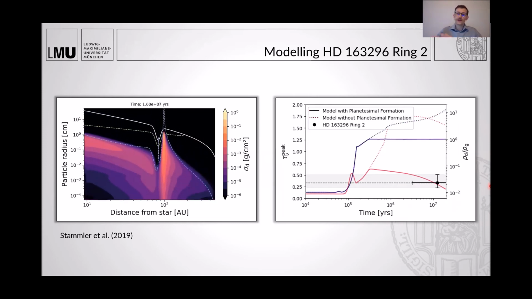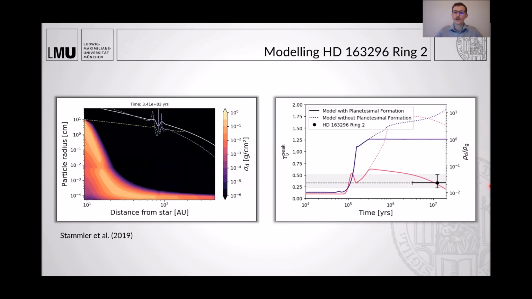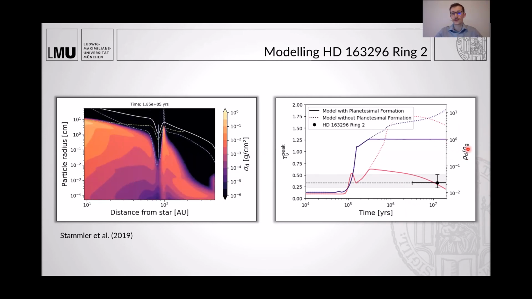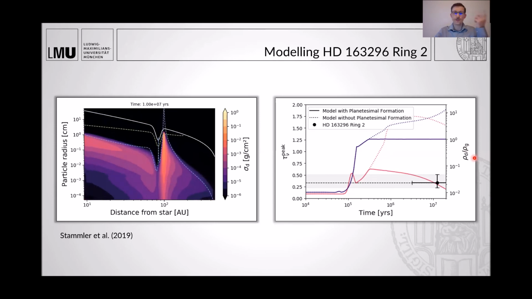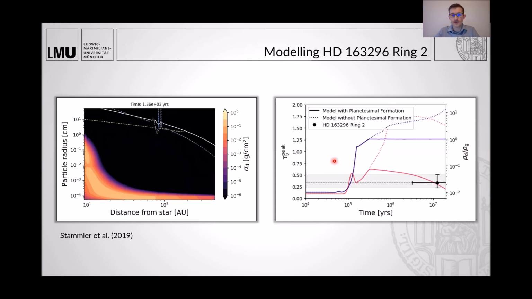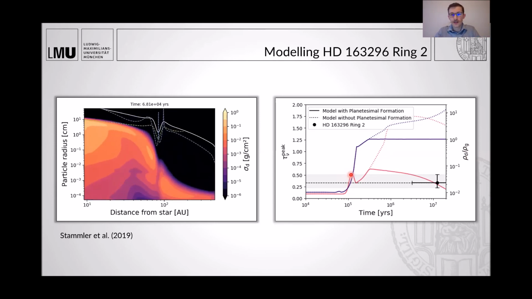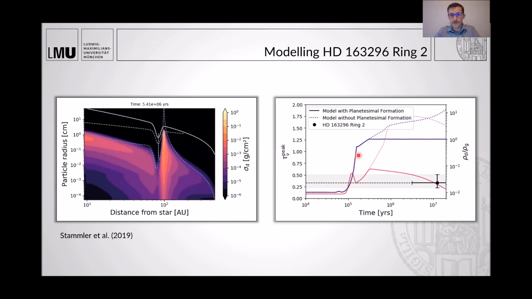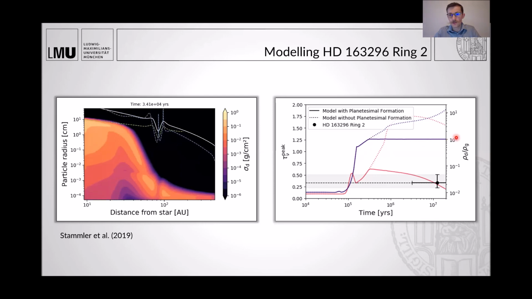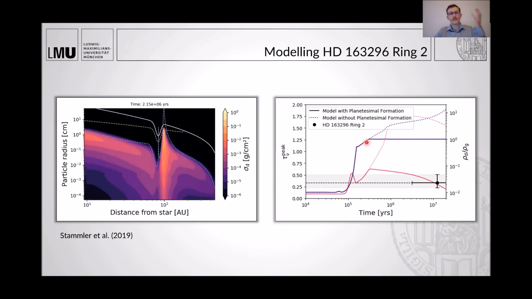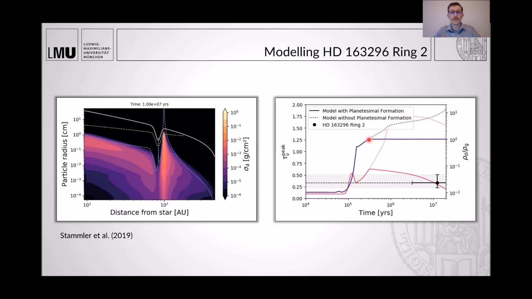If I look here now at the dust to gas ratio in purple, so the midplane dust to gas ratio, our threshold was at a dust to gas ratio of 1. And that's what you see here. There's dust mass accumulated in the ring, but as soon as we hit the dust to gas ratio equals 1 line, then we start to remove dust and put it into planetesimals.